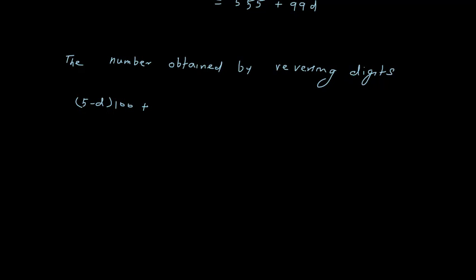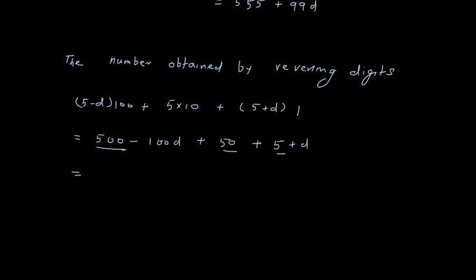Then 5 is multiplied by 10, and 5 plus D is multiplied by 1 at the unit place. So this is 500 minus 100D plus 50 plus 5 plus D. The first term is 555, and minus 100D plus D is minus 99D.